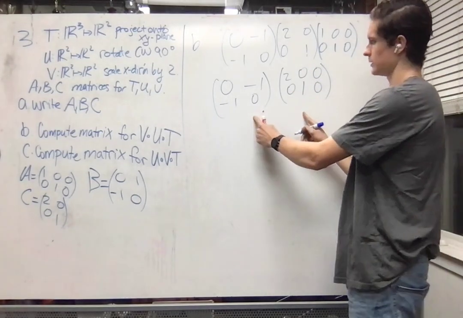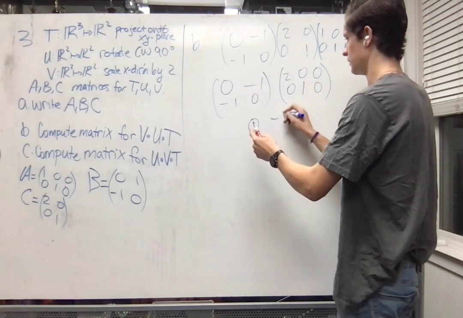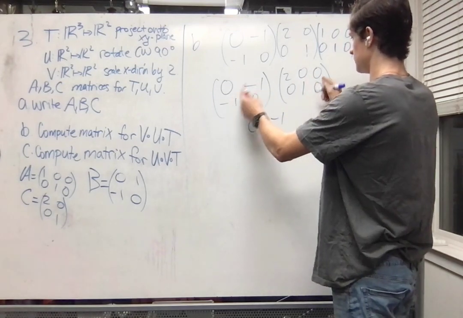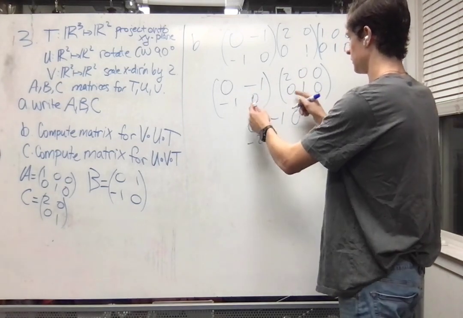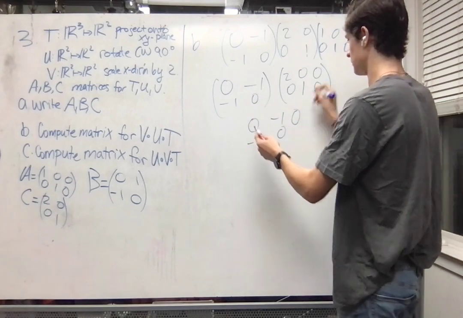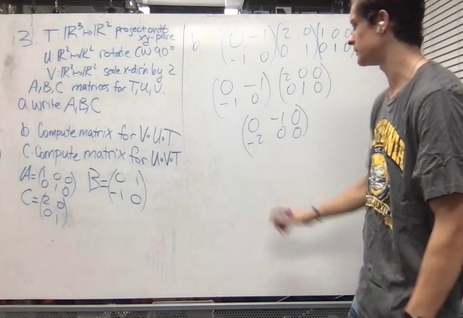Now this product: 0, -1, 0, -2, 0, 0. So this is the standard matrix for U of V of T.